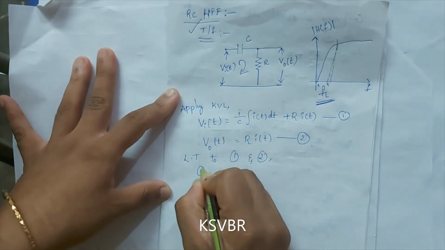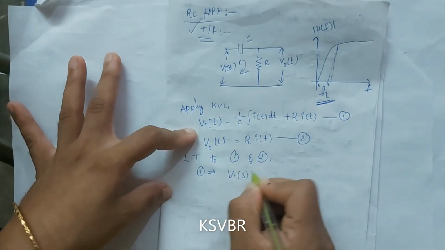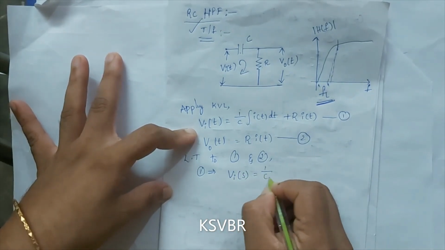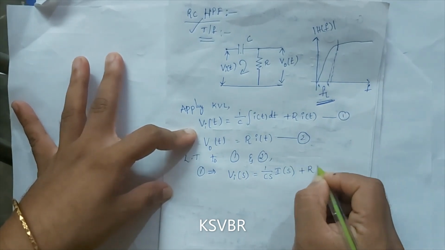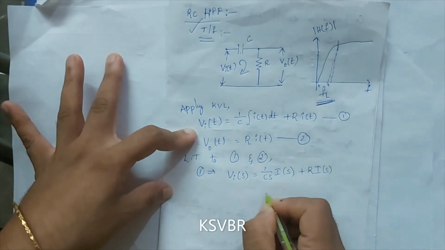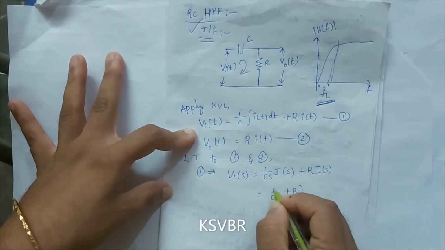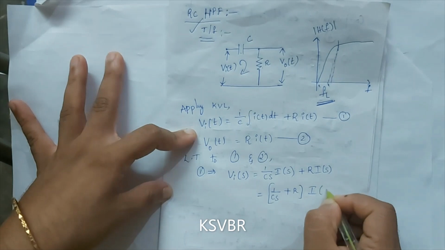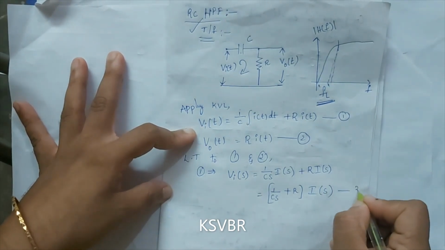First apply it to equation 1. V input of t will become V input of S, equal to 1 by Cs I of S plus R into I of S. So 1 by Cs plus R into I of S. Keep this as equation 3.